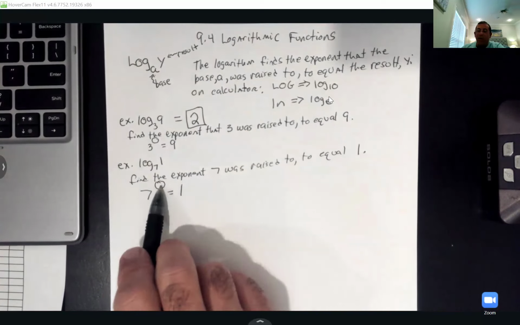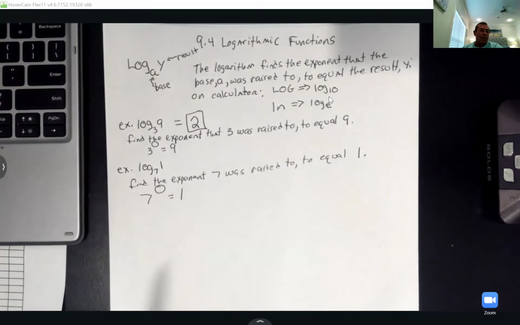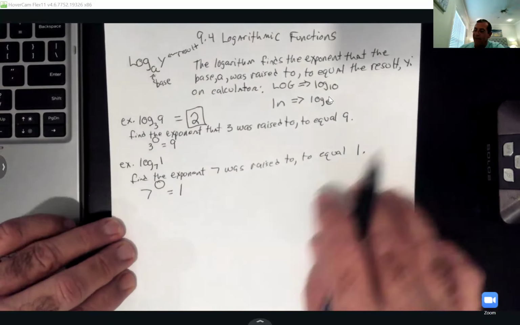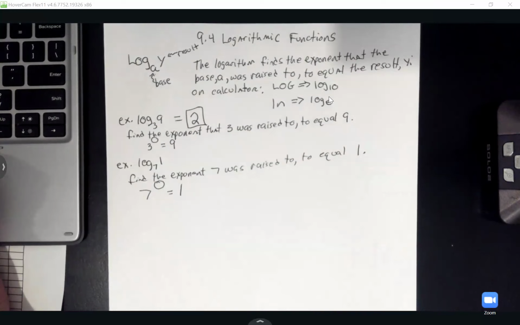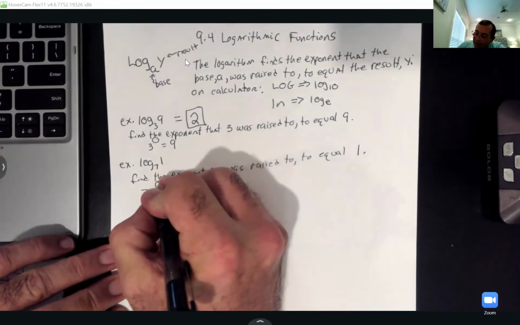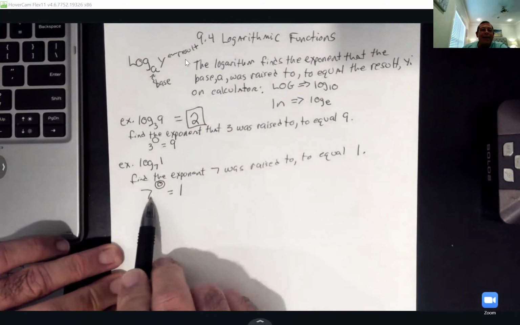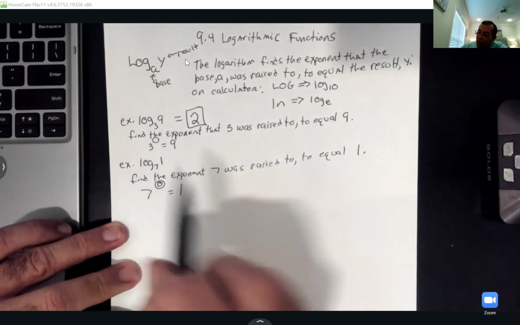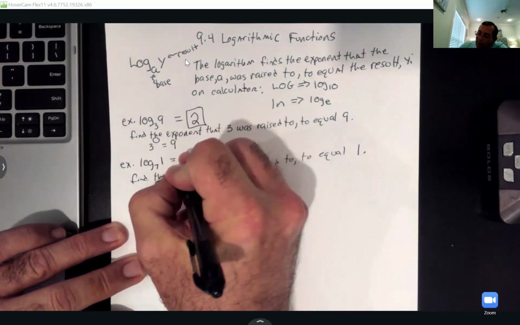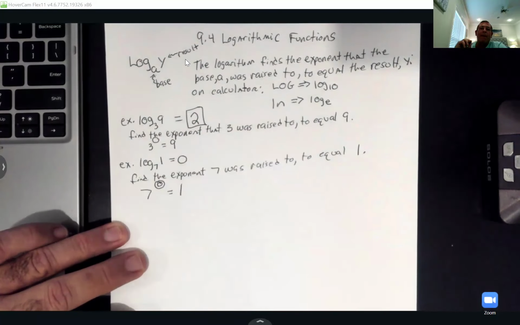What exponent could I raise any number to equal 1? Is it a 0 or a 1? It is a 0. Anything to the 0 power equals 1. So the log base 7 of 1 equals 0, okay.